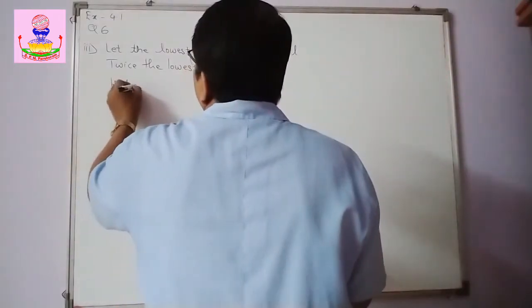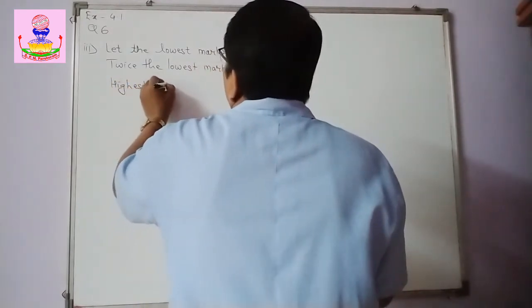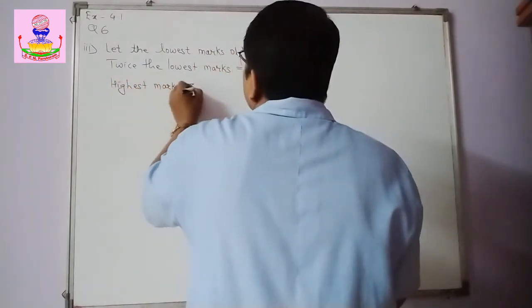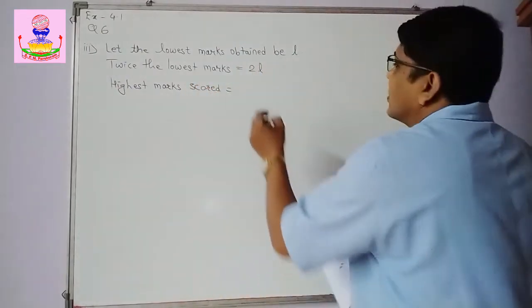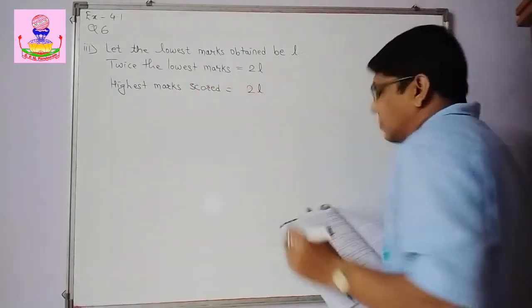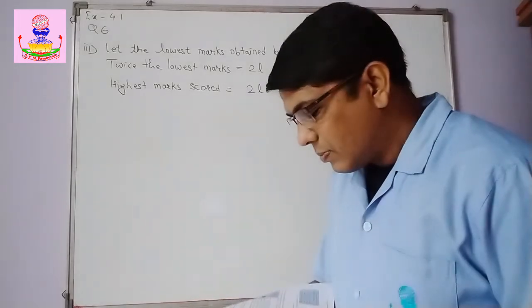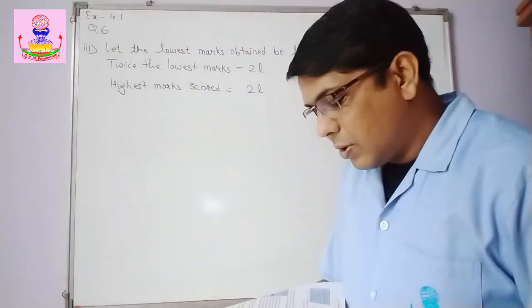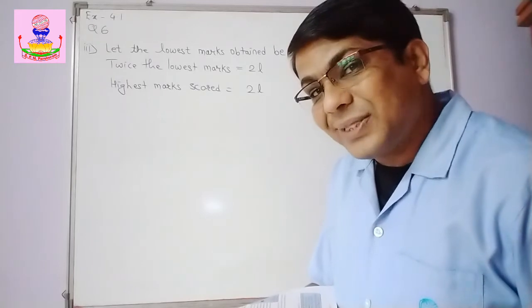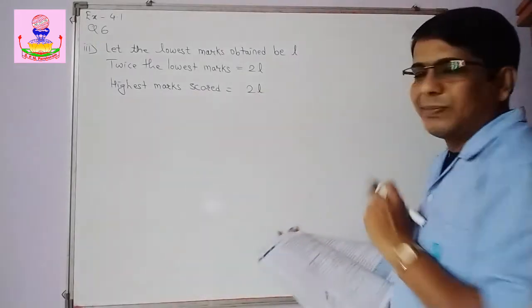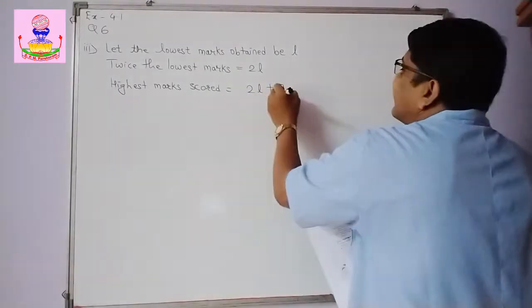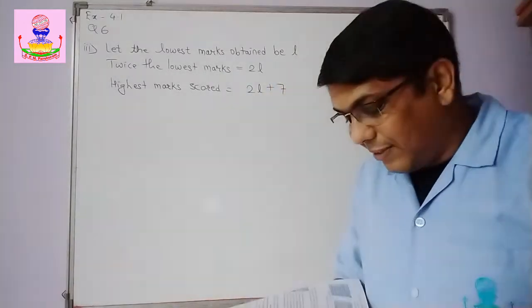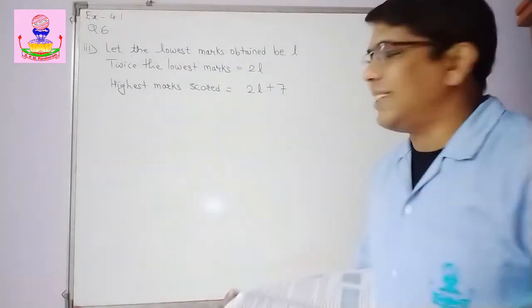So highest marks scored is equal to what? Twice the lowest marks plus 7. And this highest marks is given.